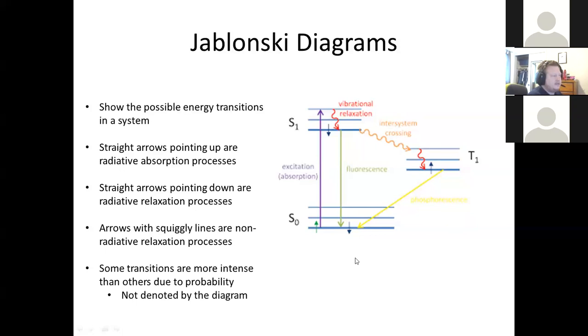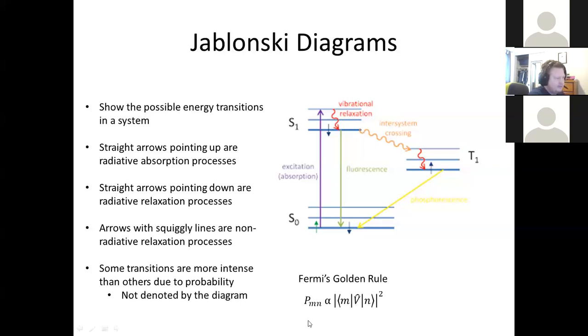But what's key here is that some transitions are more intense than others. And this all has to do with the probability of these transitions. This comes from something that's central to quantum mechanics called Fermi's golden rule. You won't see this until you take upper division quantum mechanics, either in physics or in PChem. You'll definitely see this here at Berkeley when you take PChem. They'll probably derive it in class, but won't ask you to derive it.